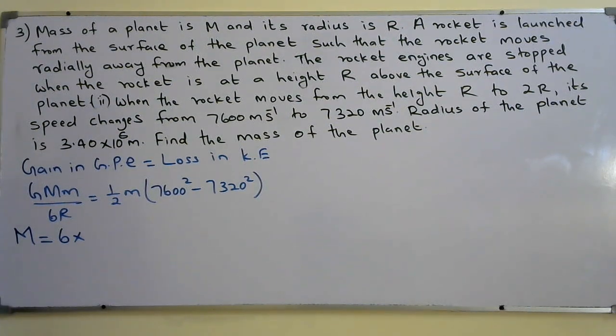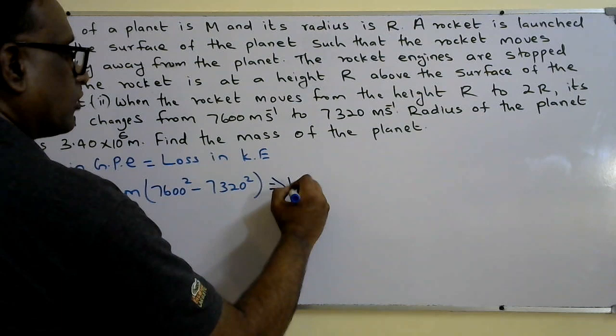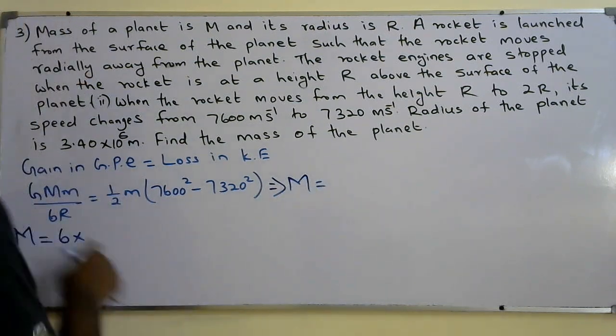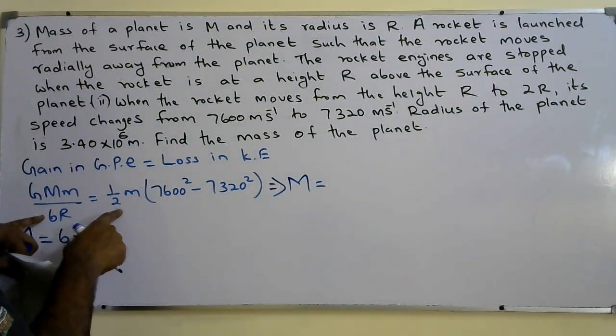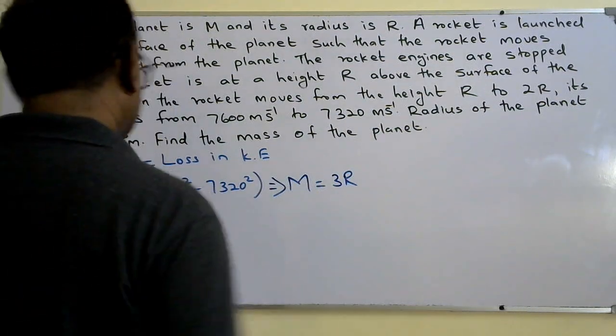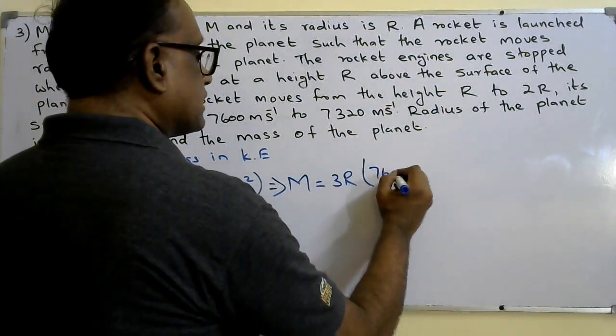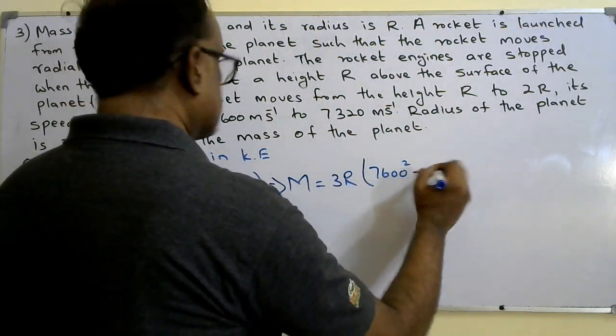From this, M is equal to, when 6R goes here, half, so that will become 3R into 7,600 squared minus 7,320 squared, divided by capital G.